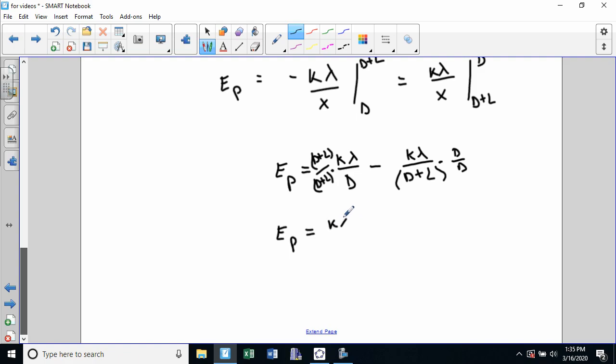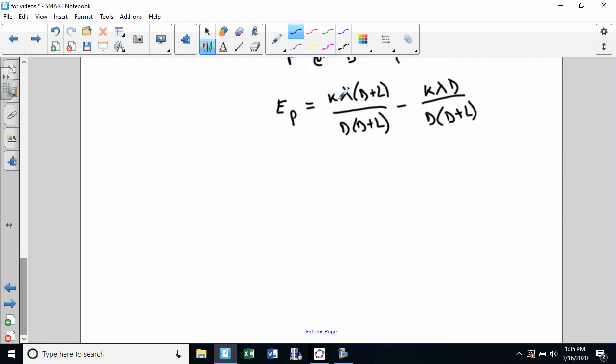So I should be able to go ahead and do this subtraction. k lambda times the quantity d plus L, all over d times d plus L, minus k lambda d over d times d plus L. Since the denominators match, I'm going to distribute the k lambda and then subtract k lambda d.